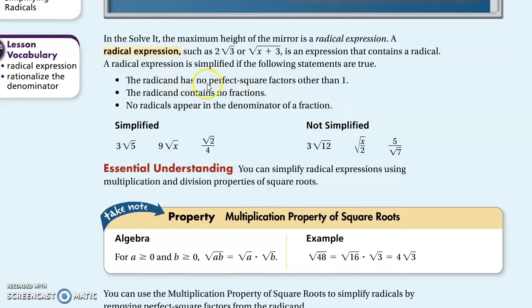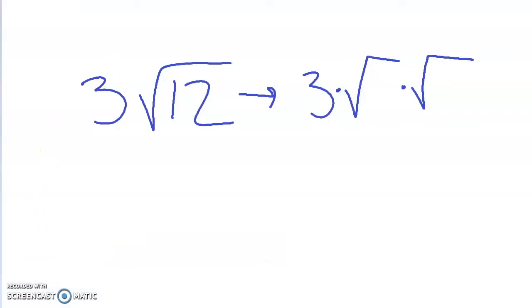The radicand has no perfect square factors other than 1. Here's that example, 3 square root 12, and in the book it says 3 square root 12 is not simplified. Why not? Because there is a perfect square factor within 12. If I try a factor tree for 12, I can say 12 is 1 times 12 or 2 times 6, but it's also 4 times 3.